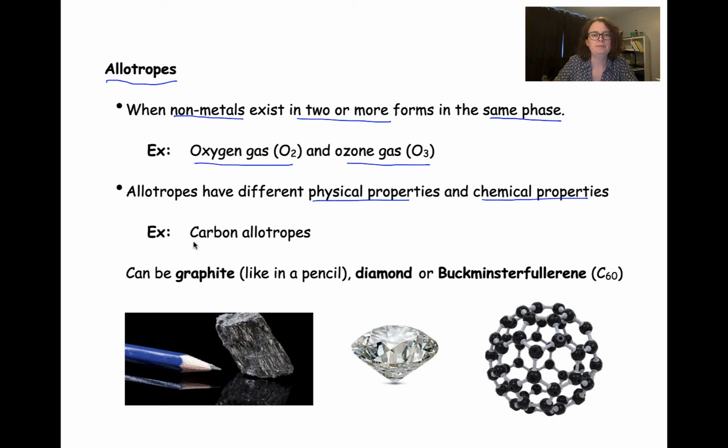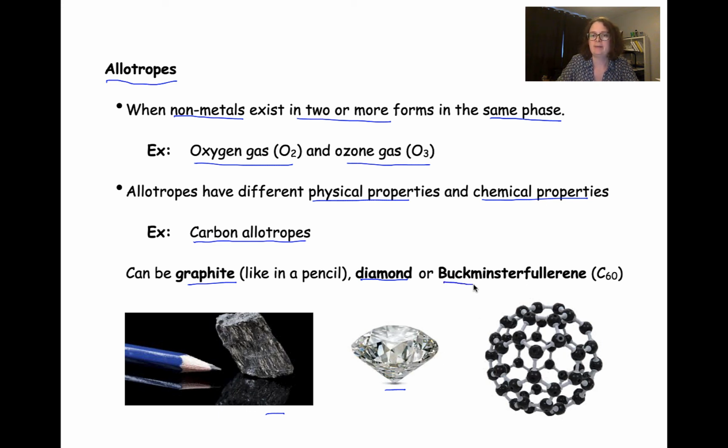Another example is carbon allotropes, and this one you might be familiar with. So we can have graphite, which is found in a pencil, and it's all made of carbon. It's just carbon atoms arranged in a specific way. Or we can have a diamond, right, which is very, very different in terms of physical appearance and also in terms of hardness and properties. But again, it's just carbon atoms in there, arranged in a particular way.